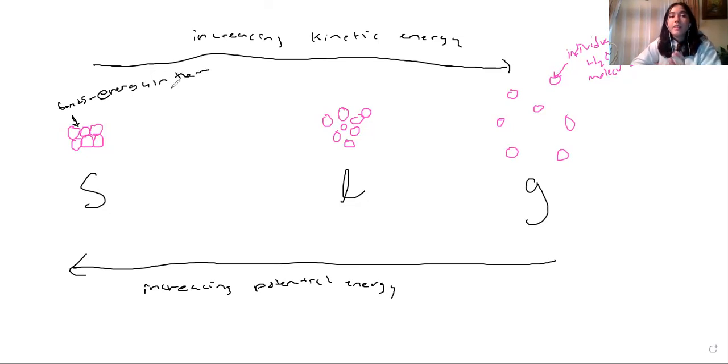When we apply heat, we're transferring that energy. So every time we apply heat, now there's less potential energy. And in gas, there's no potential energy. These guys are zooming all over the place. So we've broken the bond completely, and now the energy which these guys had in their bonds has turned into their individual kinetic energies.